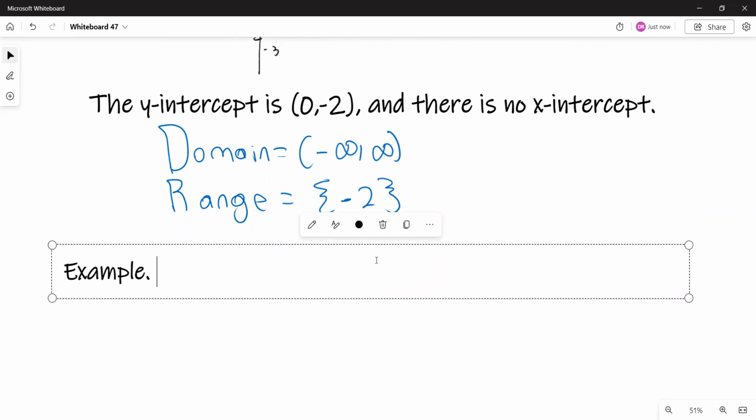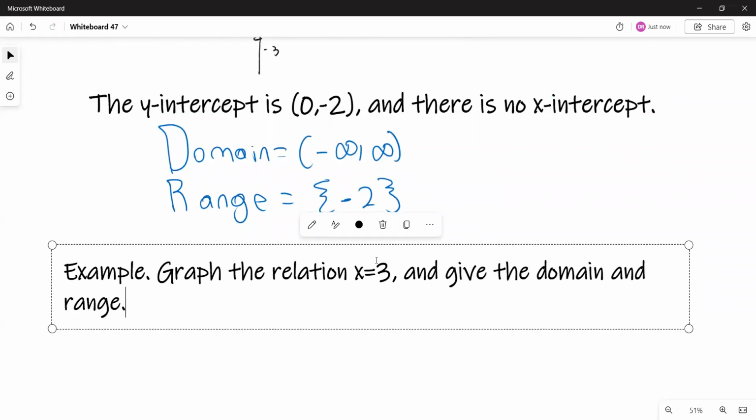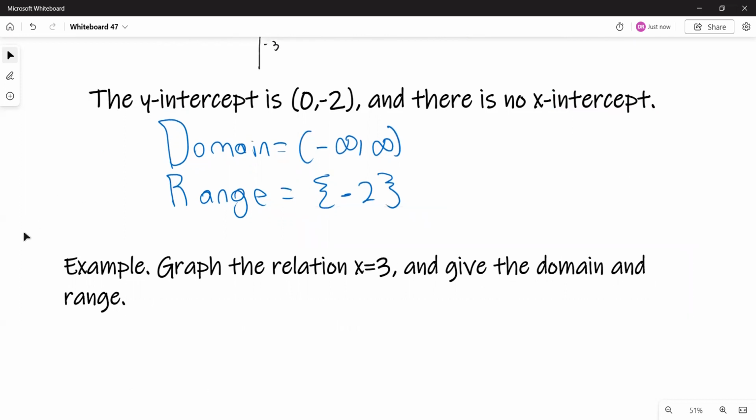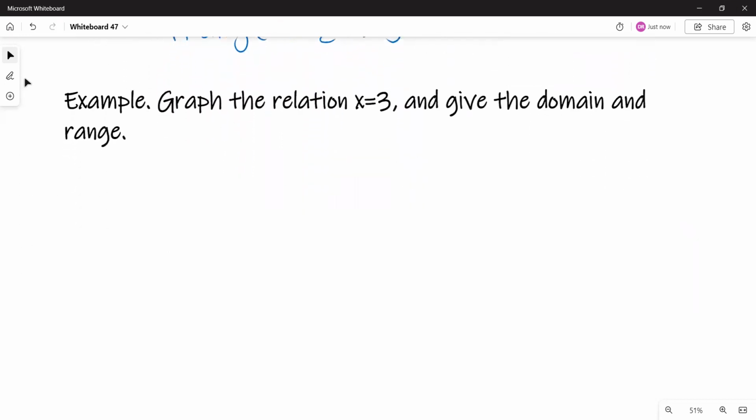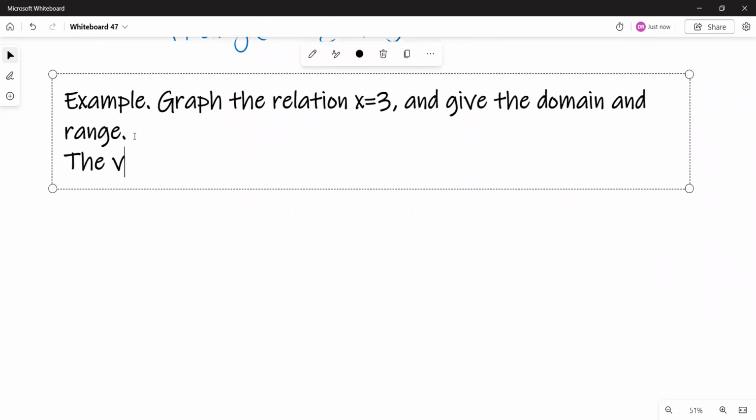We're going to graph the relation x equals 3 and give the domain and range. Okay, so if x equals 3, the value of x is 3 regardless of the value of y.